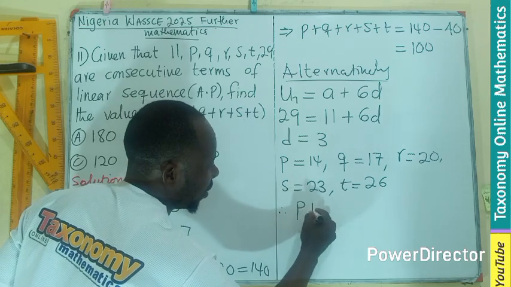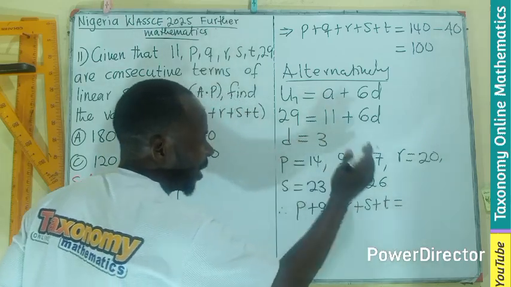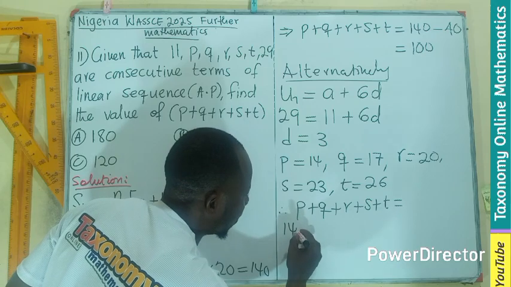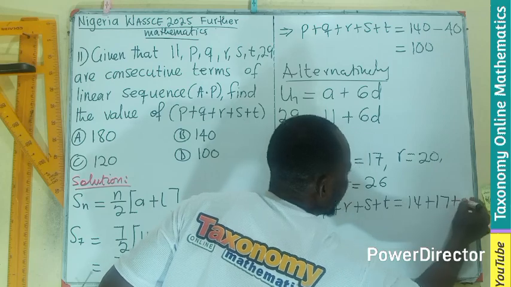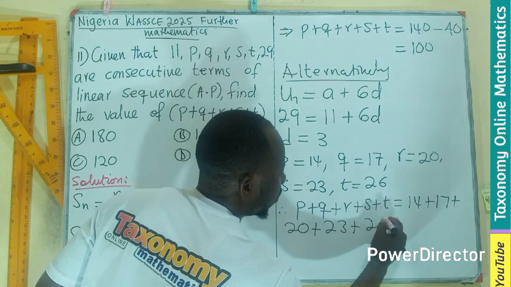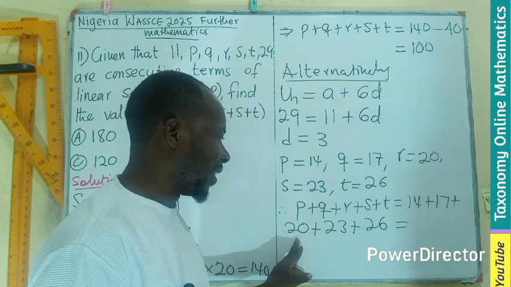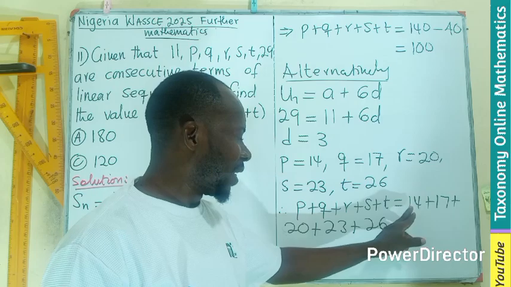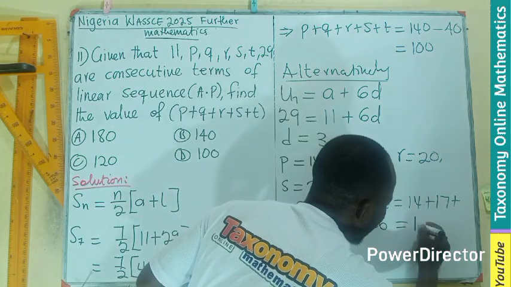So therefore, if I add P, Q, R, S, T, meaning I'm adding all these values, 14 plus 17 plus 20, 23, 26, if we add all this, we have 100.